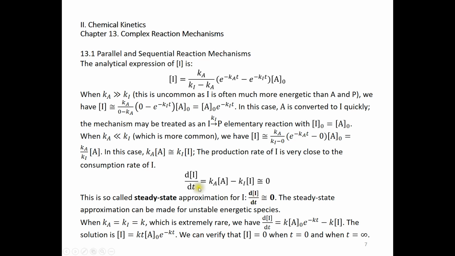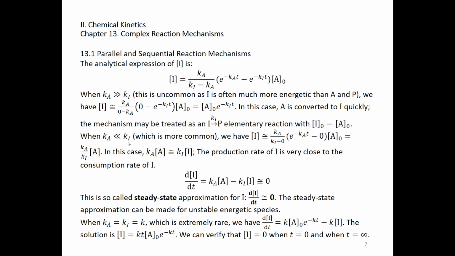Why is that? If Ka is much smaller than Ki, that means whenever I is produced, it's going to be consumed almost immediately, really quickly. So the concentration of I is always very low during the reaction. If the concentration of I is very low in the reaction, then dI/dt cannot be large.